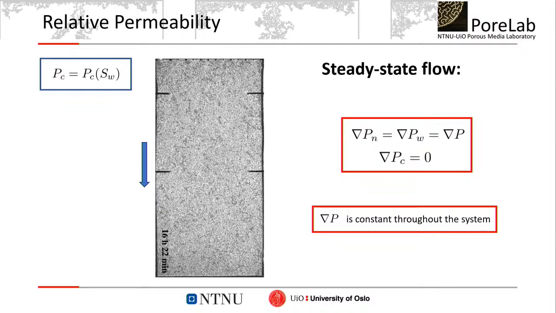Not at the pore level, but macroscopically. And that means that the macroscopic pressure gradient is going to be constant throughout the system. That's a steady state. And if this is equal to that, well, the capillary pressure gradient is everywhere equal to zero. This is going to be important later on.